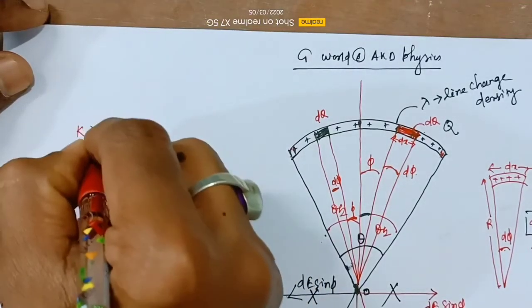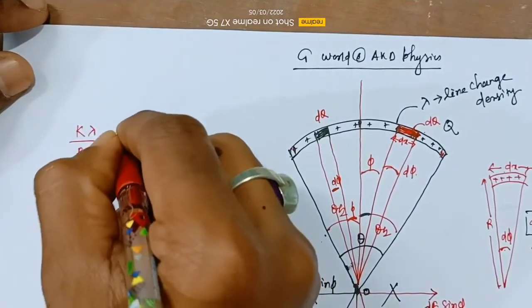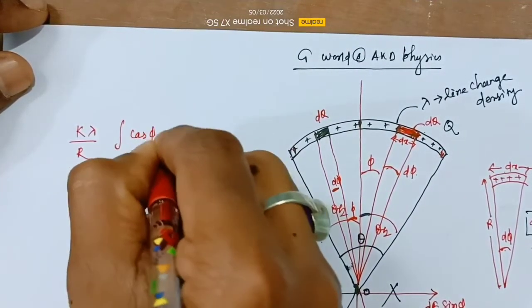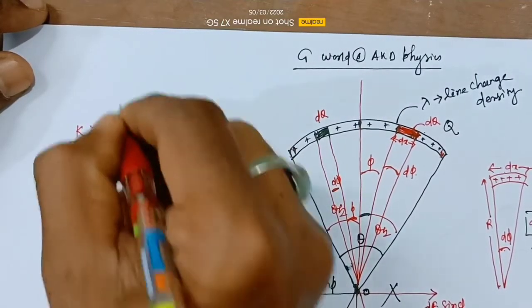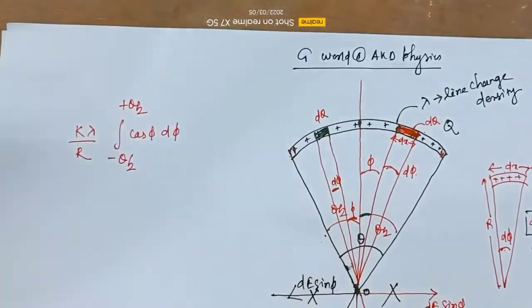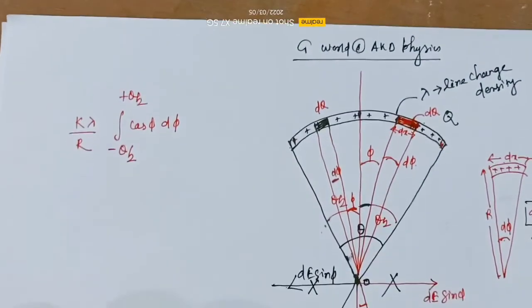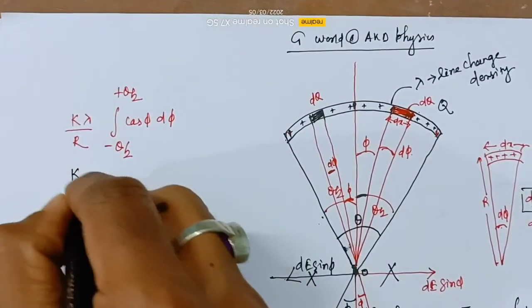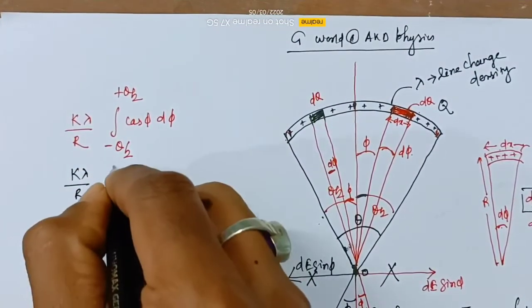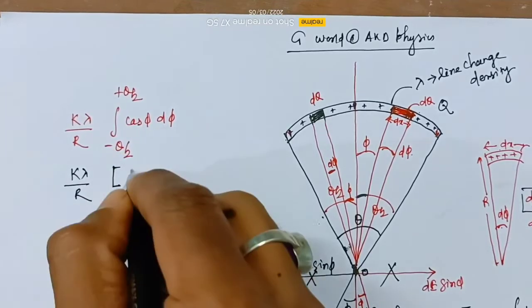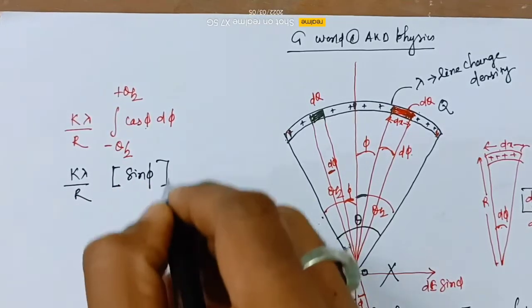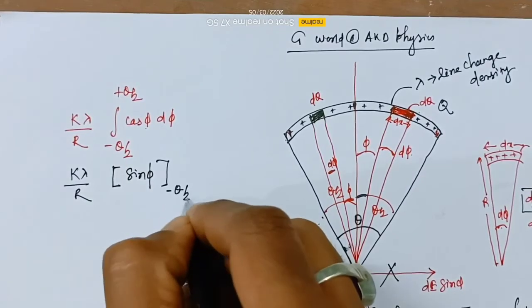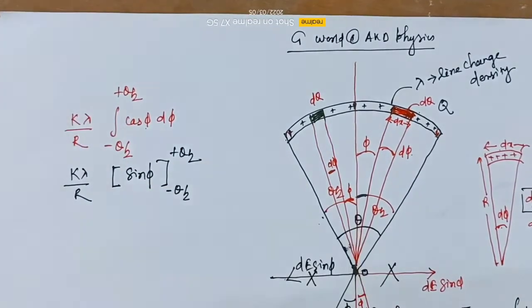This is k lambda by r integration of cos phi d phi from minus theta by 2 to plus theta by 2. We all know the integration of cos phi is sin phi, and this is from minus theta by 2 to plus theta by 2.